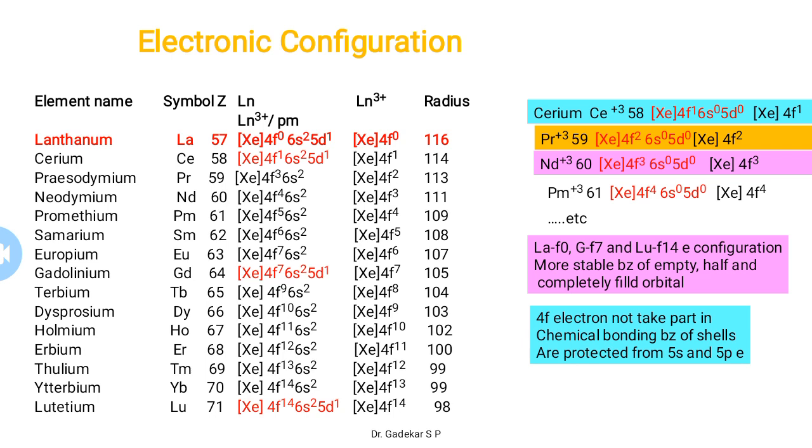Lanthanum has the electronic configuration xenon 4f0 5d1 6s2. This is the configuration of lanthanum, and its f orbitals contain 0 electrons. So that's why lanthanum is not a 4f element.